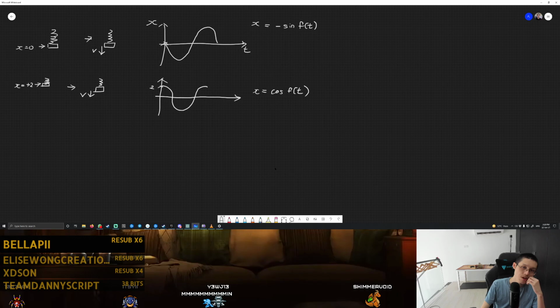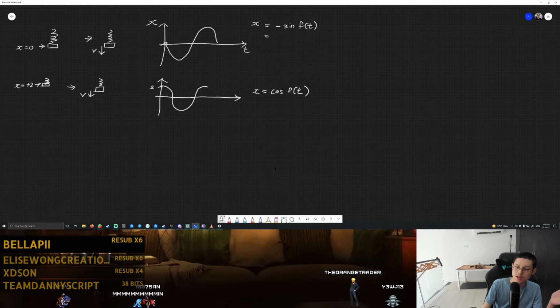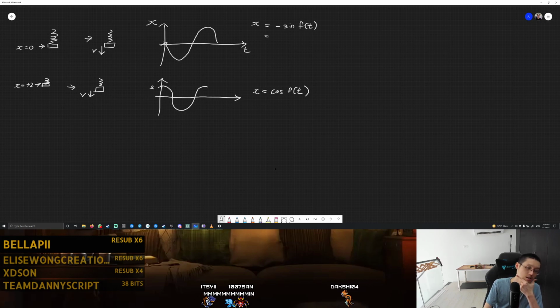So, what exactly is this function of t? How should I explain this? Basically, whatever's inside your sinusoidal function has to be unitless. So since time is in seconds, you need something that's divided by time. Well, there's actually a more elegant explanation for this, but it involves the derivation from scratch.